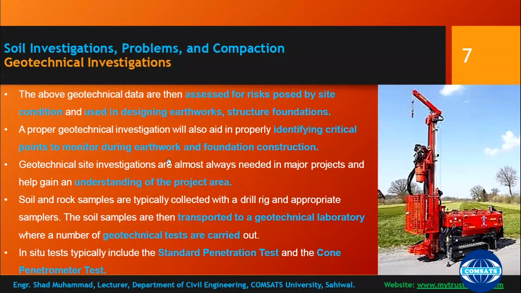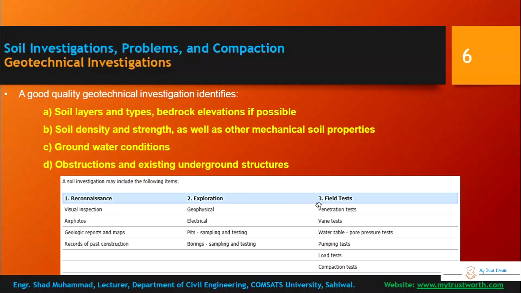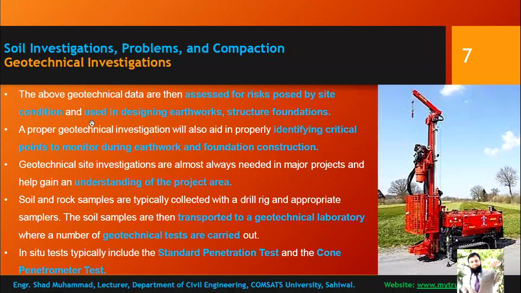So in geotechnical investigations, the above geotechnical data are then assessed for risks posed by the site conditions. So if we attain these data, then we expect what the risks underground are, and they are used in designing earthworks, structure, and foundation. So that is what we have to do against the risks: we have to provide some proper mitigation formula or proper mechanism against those risks.